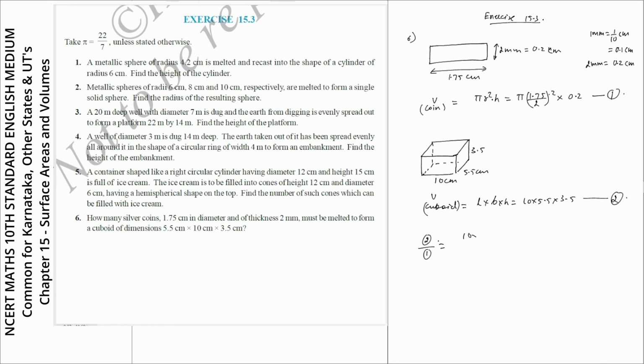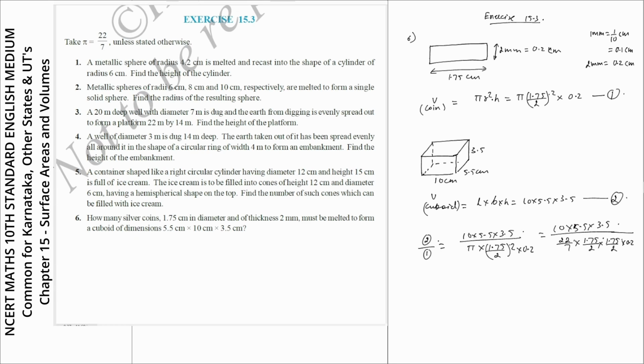So what is 2 divided by 1? 10 into 5.5 into 3.5 divided by pi into (1.75 by 2) the whole square into 0.2. So this is equal to 10 into 5.5 into 3.5 divided by, pi is 22 by 7, into 1.75 by 2 into 1.75 by 2, because 1.75 by 2 the whole square is there, into 0.2.